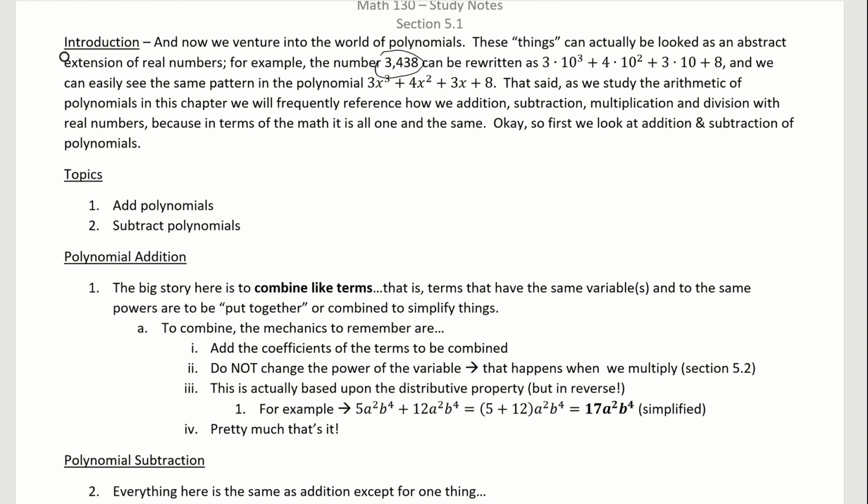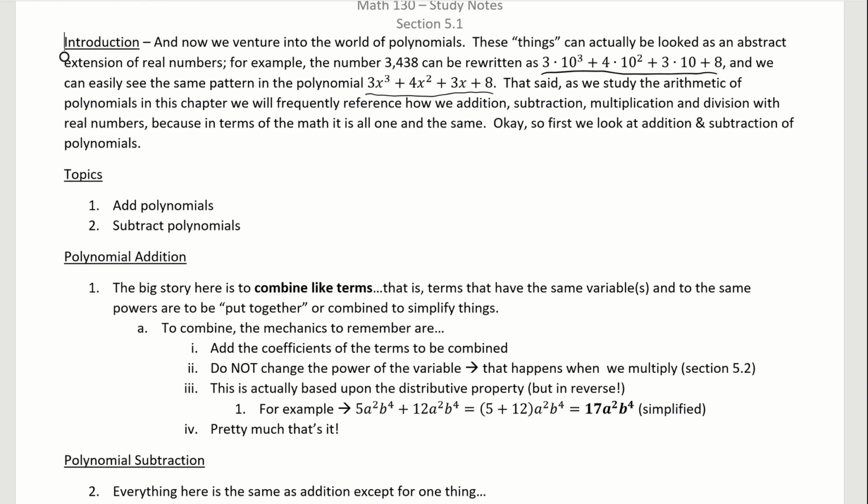Well, look at this polynomial here. That's a polynomial. It has degree 3 because the power is 3. Then it's got a square term, an x term, and a constant compared to this number that we broke apart. And the pattern is there for you to see, isn't it? Instead of tens, you've got x's, period.